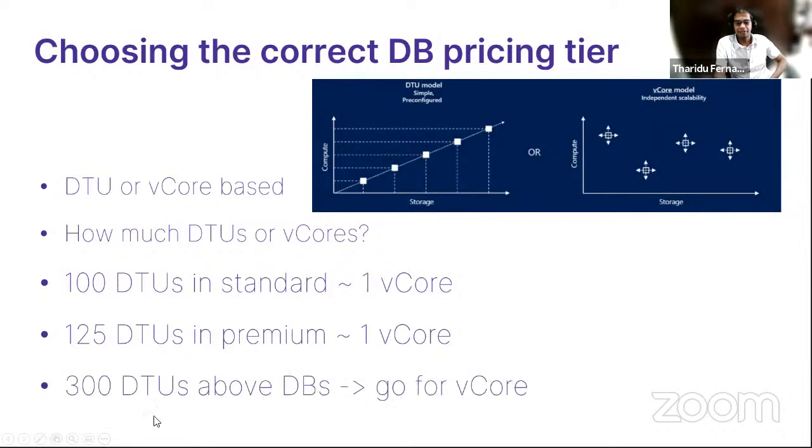Microsoft's recommendation is that if you are above 300 DTUs, try to go for vCore. There can be exceptions, so you have to check and see how it performs. The nice thing is you can easily switch between these pricing models without much effort.